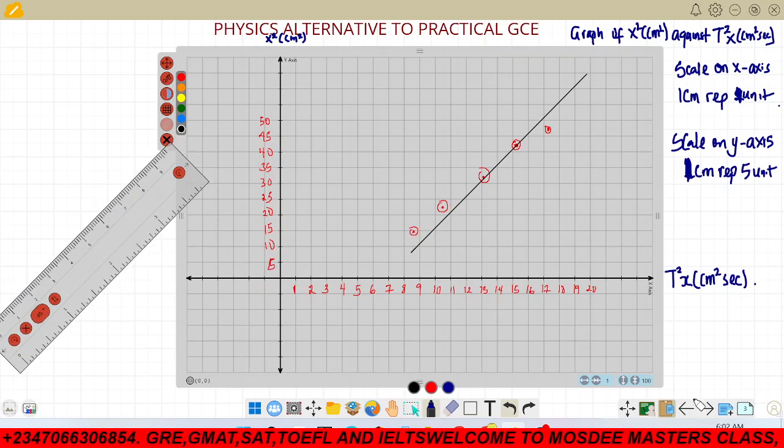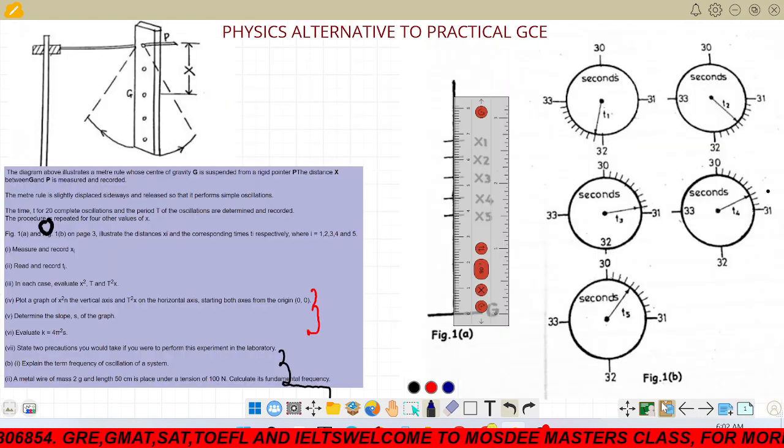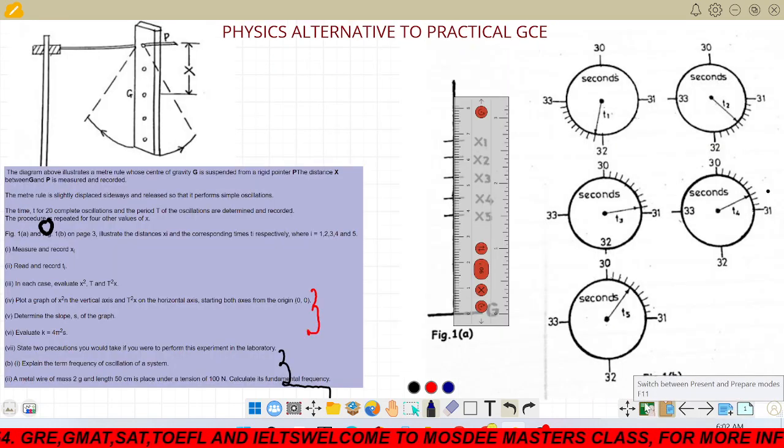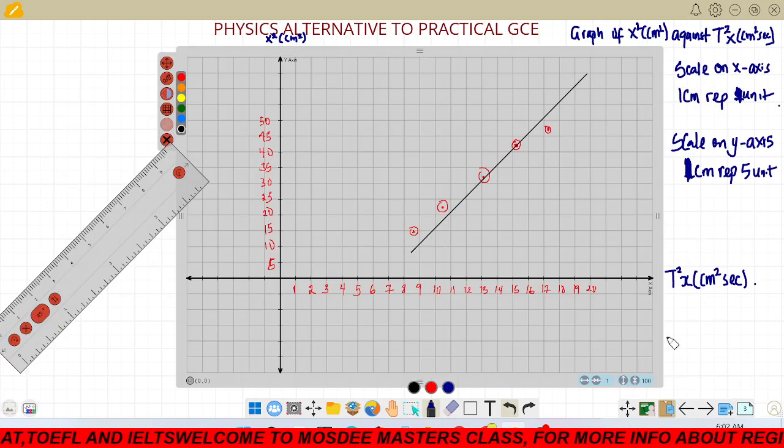Then the next question in the first slide says you have to find the slope S of the graph, then evaluate 4 pi square x. The slope is always the rise over the run, which is basically what I believe you all studied in your junior classes. Let's do that with a blue.